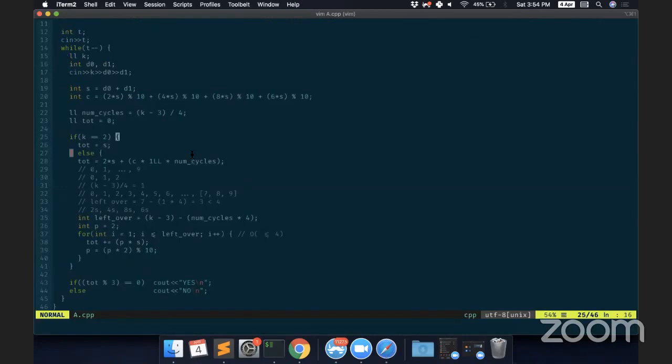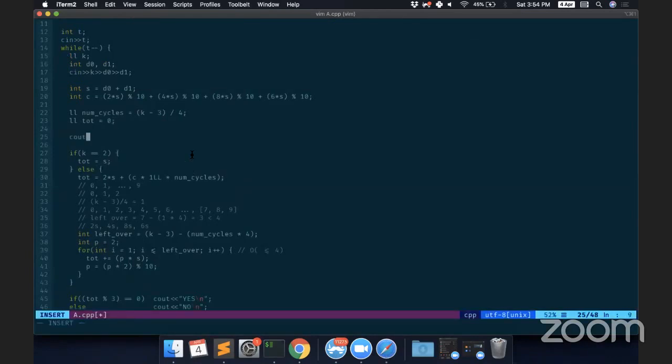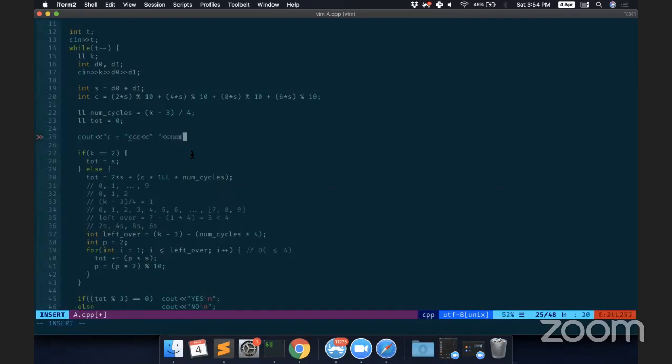So, okay. Let's try to print out some stuff. Let's try to print out C and num cycles. Yeah, I honestly don't know the bug. Like if anyone can figure it out, be my guest.